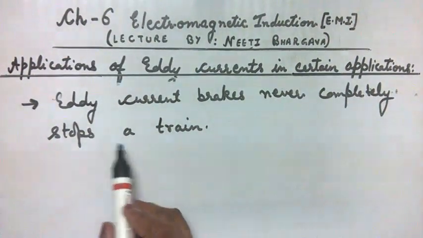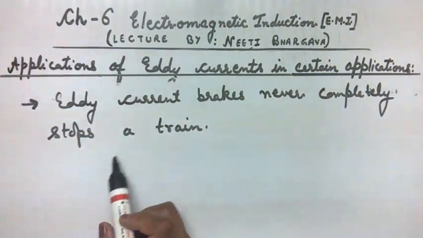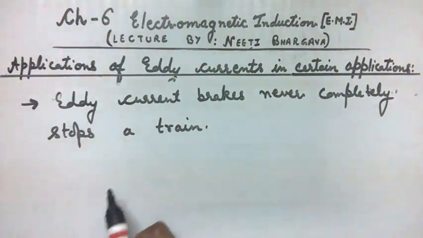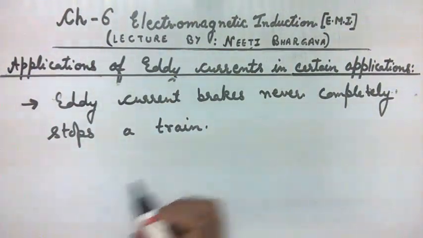So, to stop a train, we use an additional set of brakes known as frictional brakes or fin brakes.